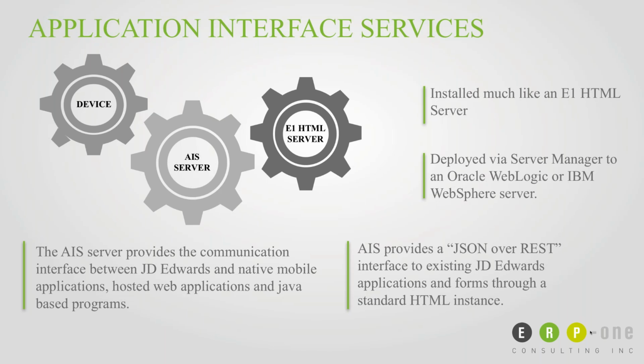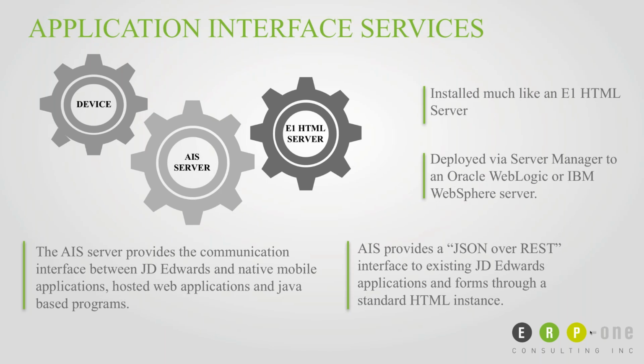But what does it actually do? Well, at its core, it is an interpreter. An AIS server really is the interface between JD Edwards and the outside world, as we described it earlier, or as we say here, native mobile applications, hosted web applications, and Java programs.